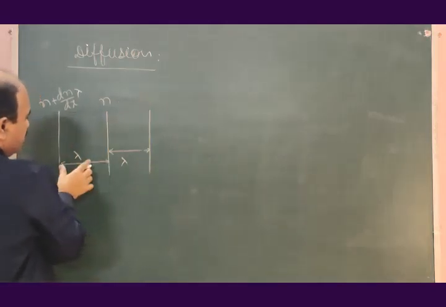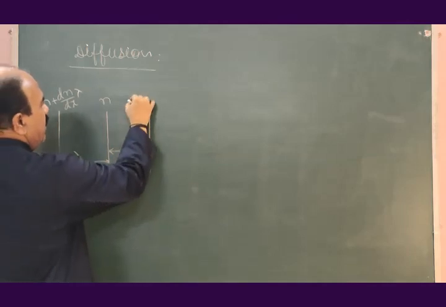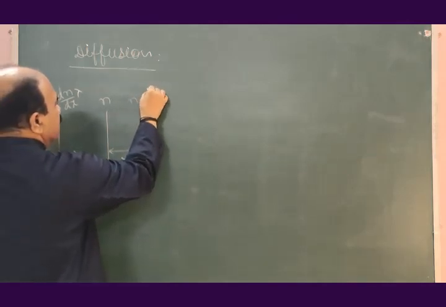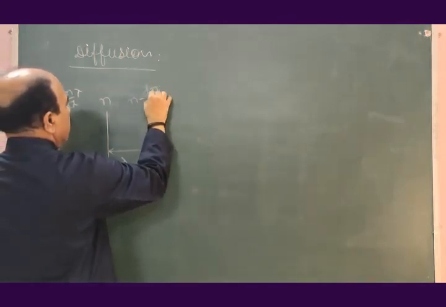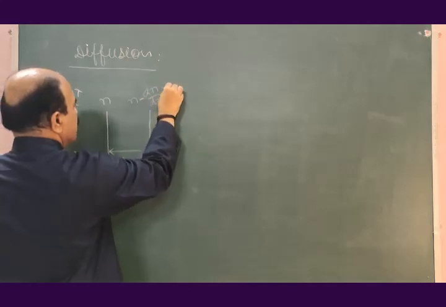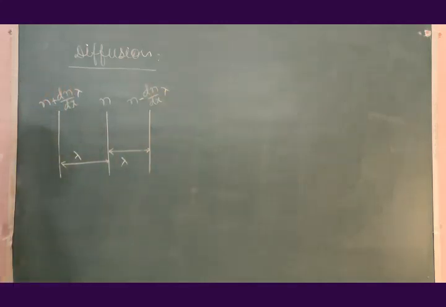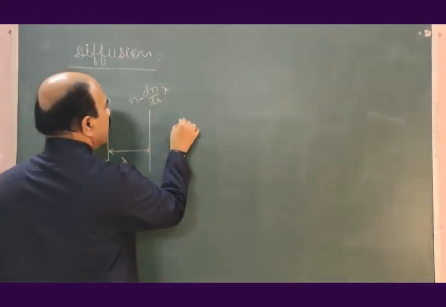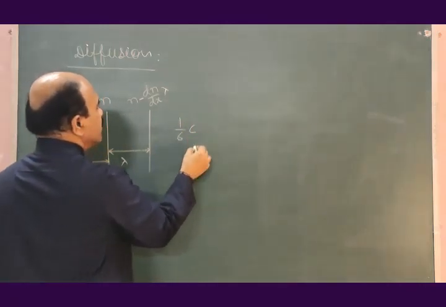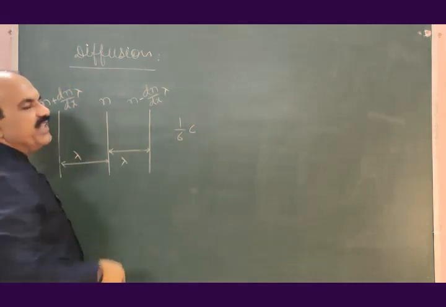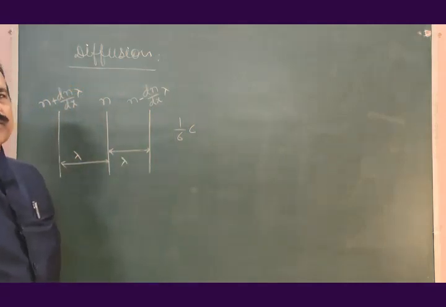Similarly, this distance is lambda, this distance is also lambda. The concentration of molecules in this region will be n minus dn by dx into lambda. Now, the number of molecules moving per unit area, per unit time in one direction will be 1 by 6 n c. N is already there.